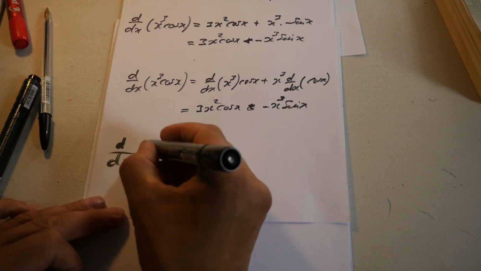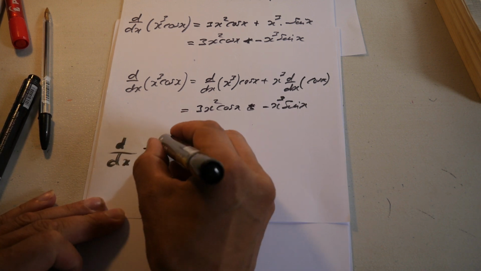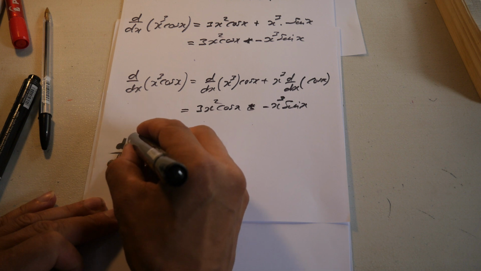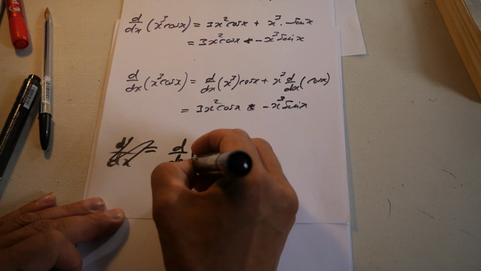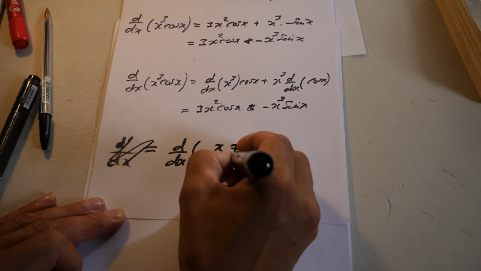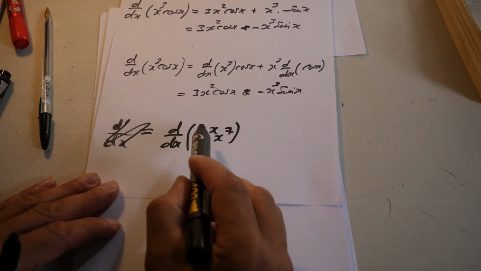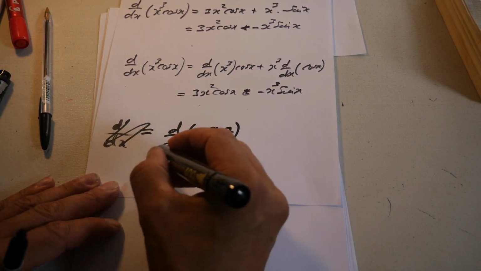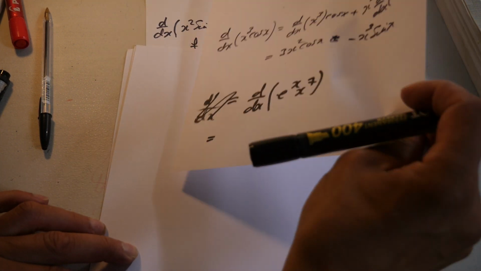So you've got the derivative of e to the x times x to the 7th, okay? So by the product rule again, I'll take a new sheet of paper, it's a bit easier to work.